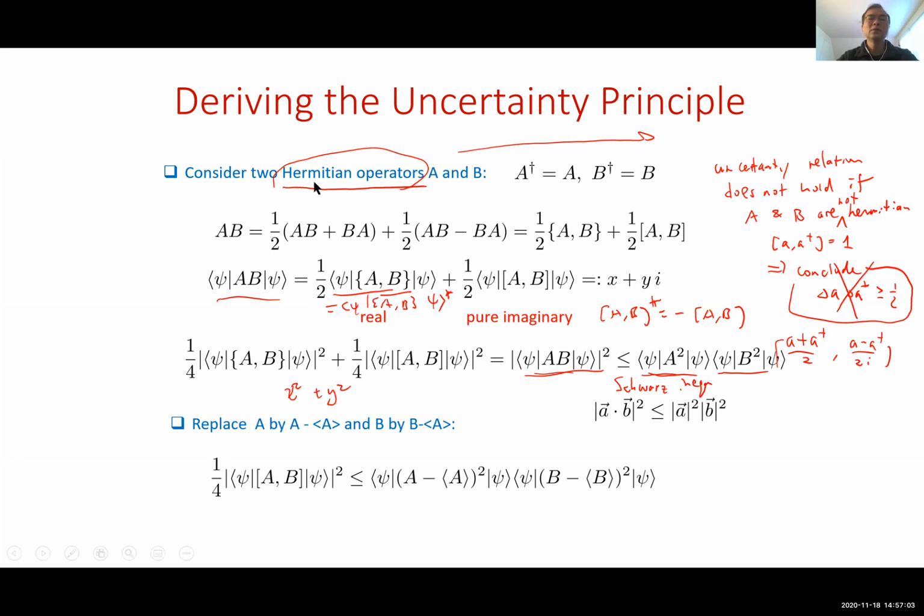As I said, the Hermitian property of the operators is used in deducing that this part is real and that part is imaginary. Basically here, if I retain just one part of it, then this would still hold. This inequality, upper bounded by this, will still hold.